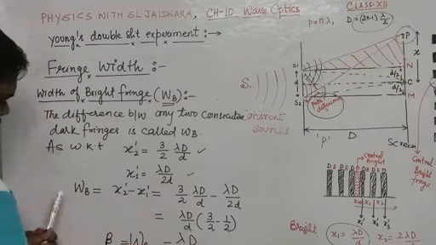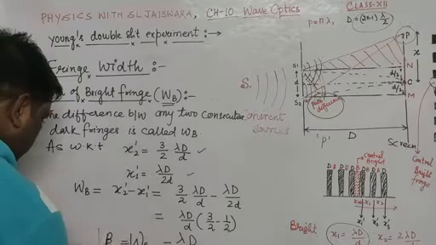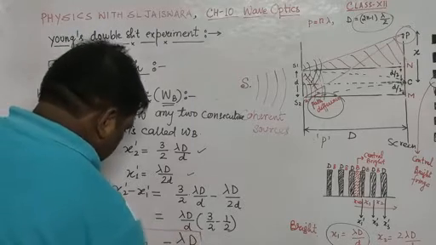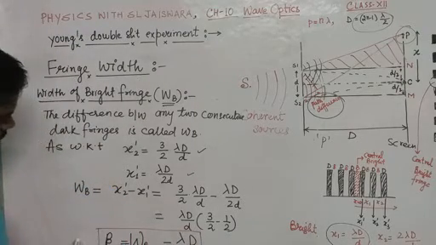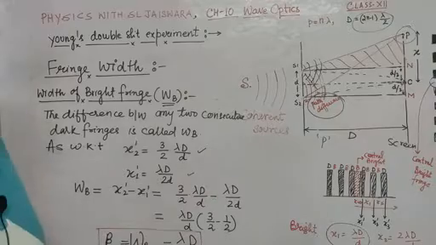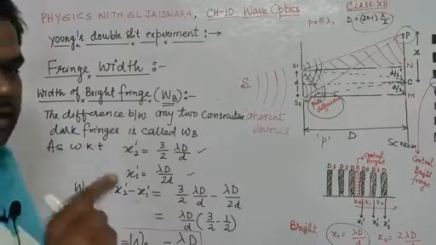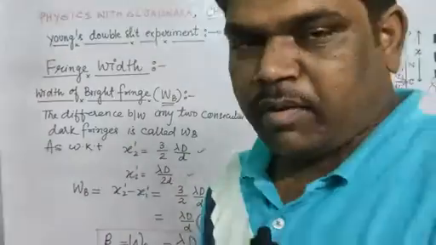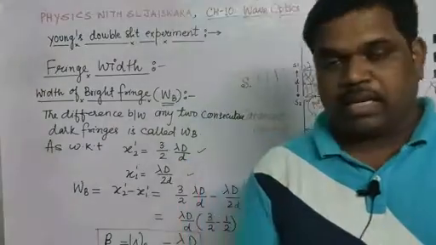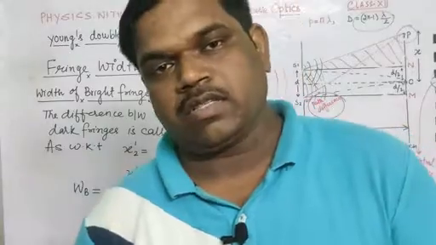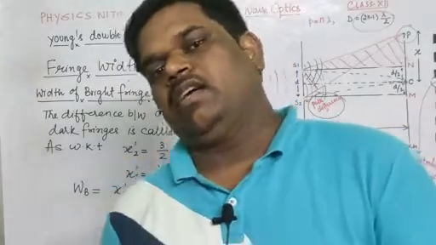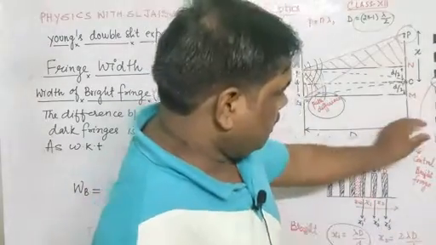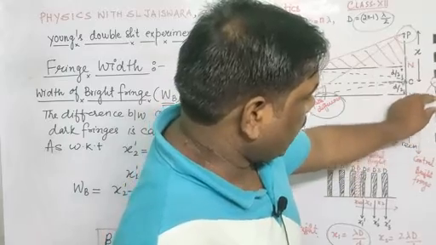Beta is a very important relation, which gives the width of the bright fringe. So please always remember that the width of the bright fringe, lambda D upon d, gives the magnitude of this width of bright fringes.